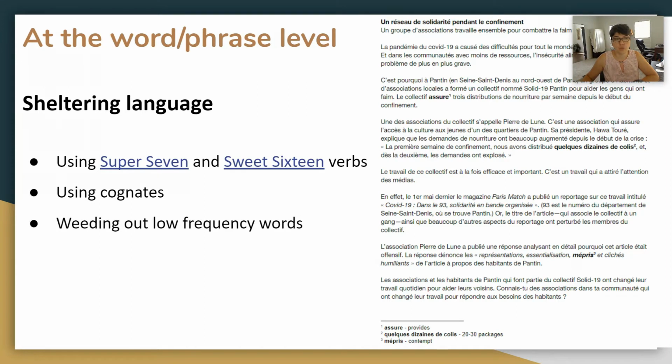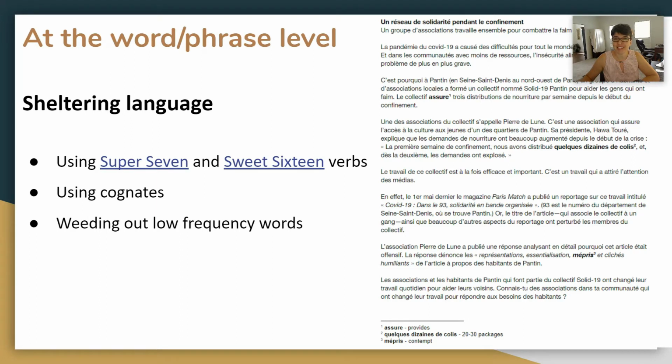And then finally, weeding out low-frequency words. I can give you an example right off the bat before we dive into this article. If you look at the title, it says « Un réseau de solidarité pendant le confinement ». Un réseau is a network, and this is a very low-frequency word, and it appears in the title.